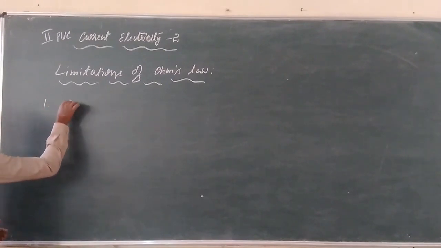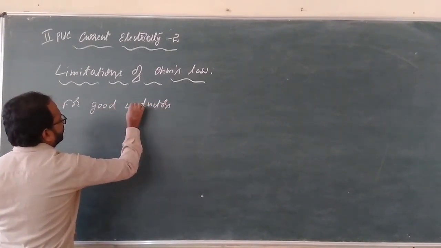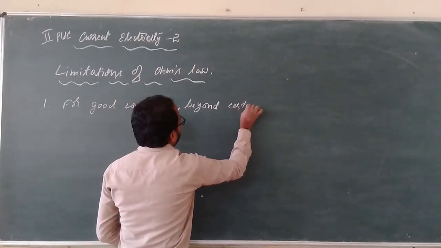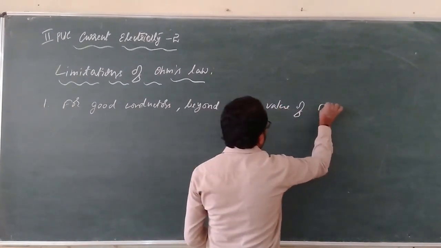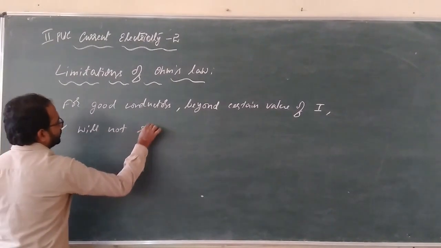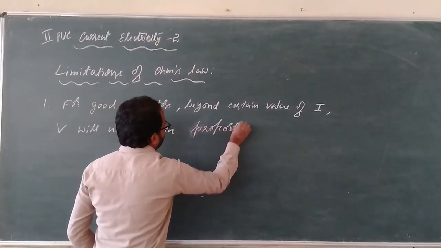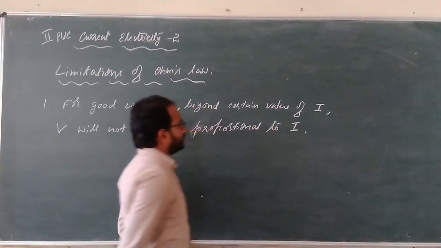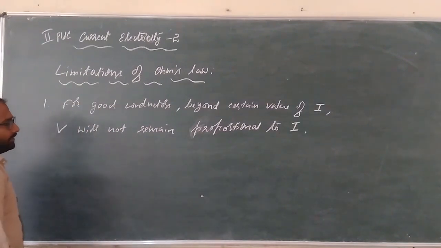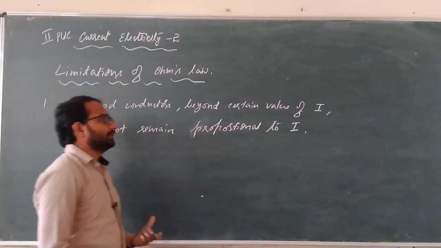First limitation: for good conductors or metallic conductors, beyond a certain value of current, the voltage applied across the conductor V will not remain proportional to I. Because as you increase the current, the conductor gets heated.